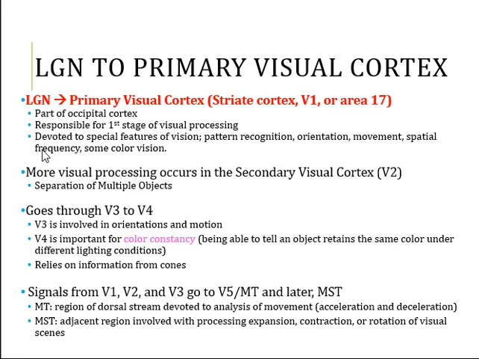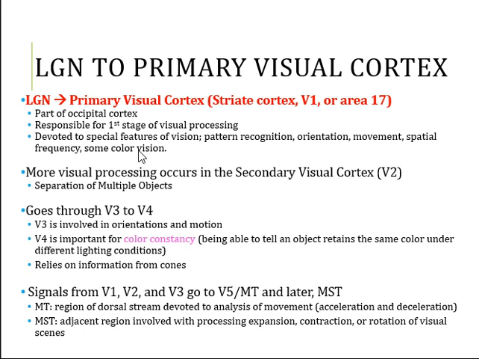So being able to tell an object will retain its color under different lighting conditions, very, very important. We'll talk a little bit more about these in a moment. And so V4, if it's reliant on information about color and color constancy, relies on information from our cones rather than our rods, which are responsible for black and white vision.